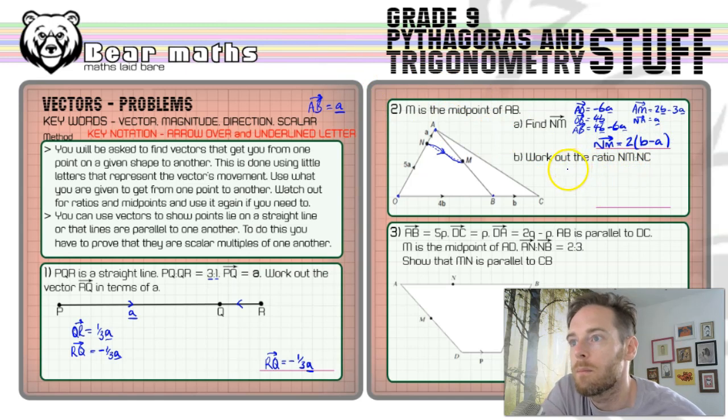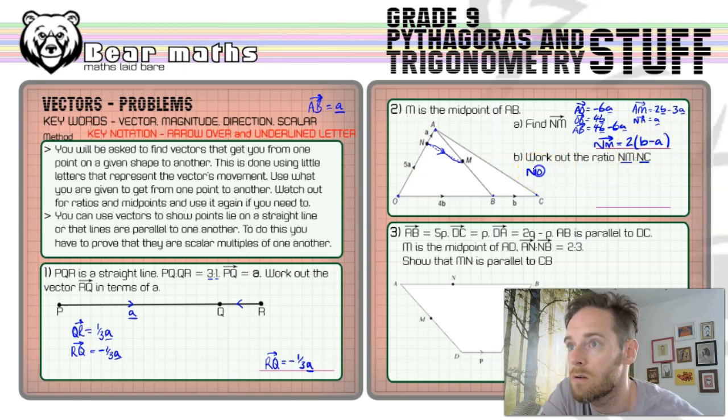So, in question B, we've got to work out the ratio of N to M and N to C. So from here to here, and then here to here. We can get from here to here by going this way. So I'm going to go N to O first of all, and we've already got N to M, and we can see what that vector is.